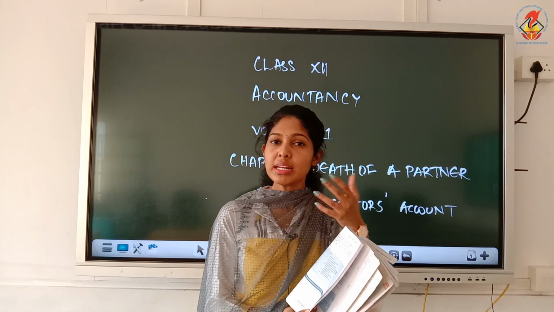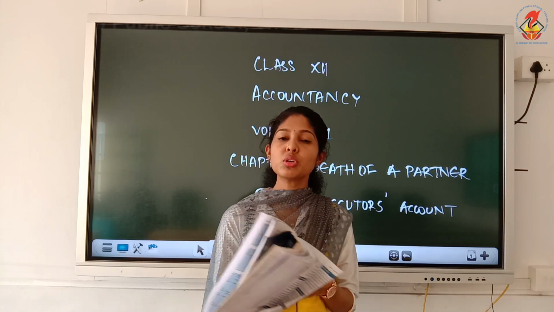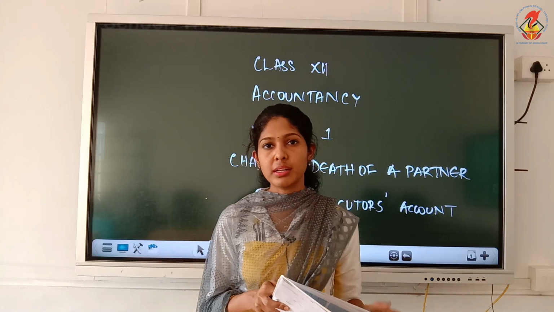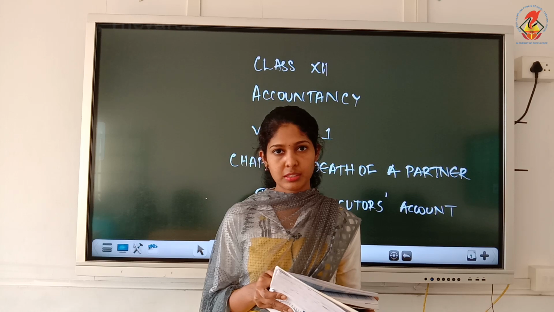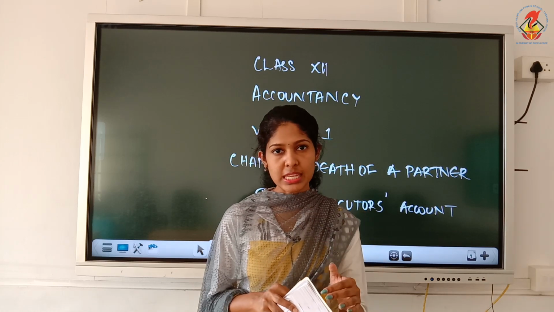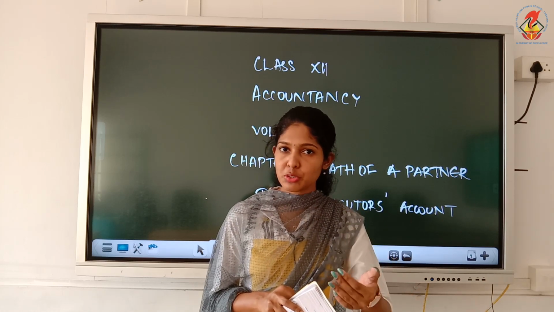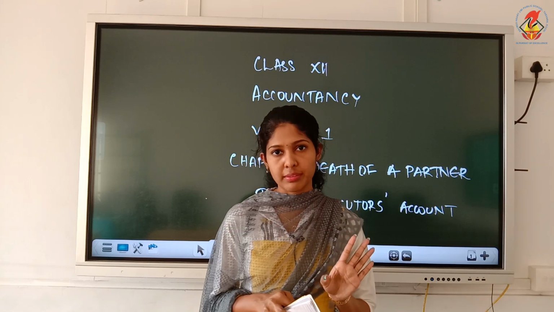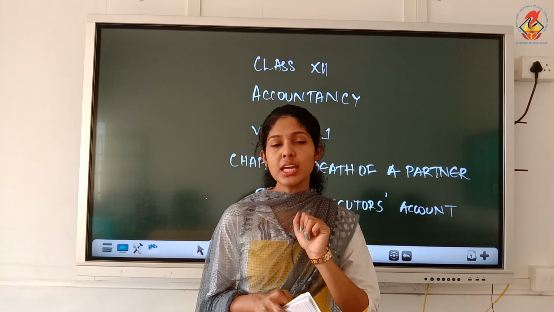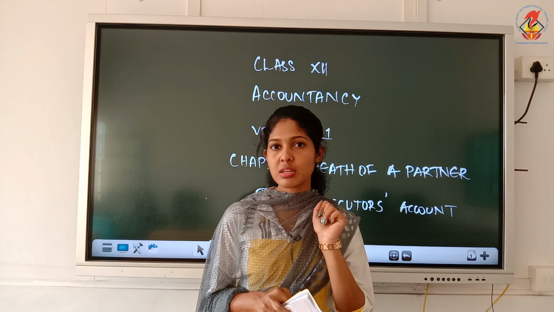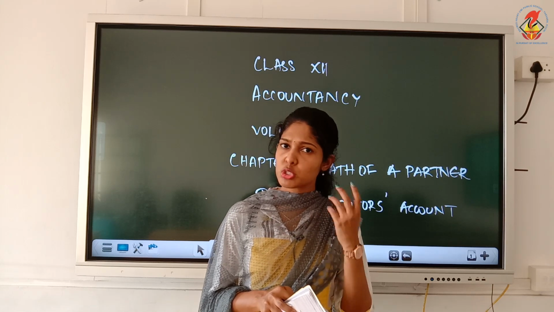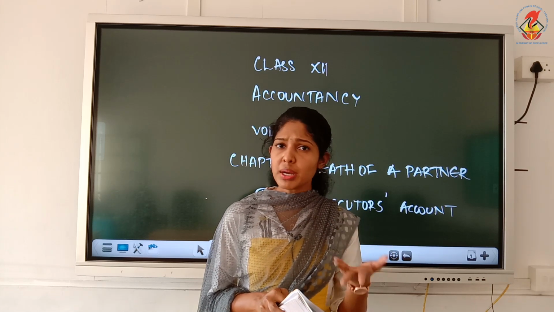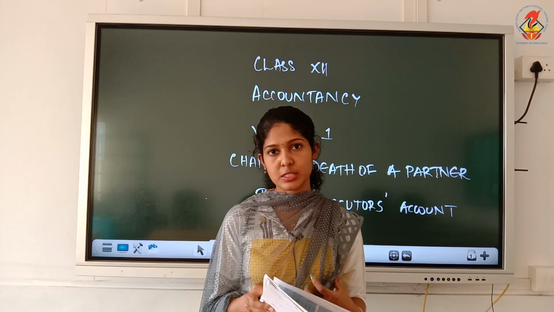So here also you will divide it in the old ratio, but you need to consider only the partner B, the deceased partner. If his share is 1/3, you will do 21 lakhs into 1/3 and just write that amount here because we have only one amount column. So that's the point you have to remember. As usual it should be divided in the old ratio, but you need to consider only the deceased partner's share.